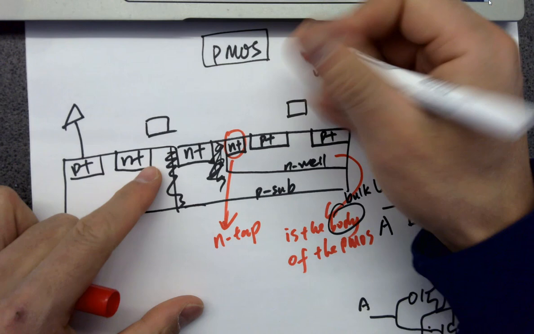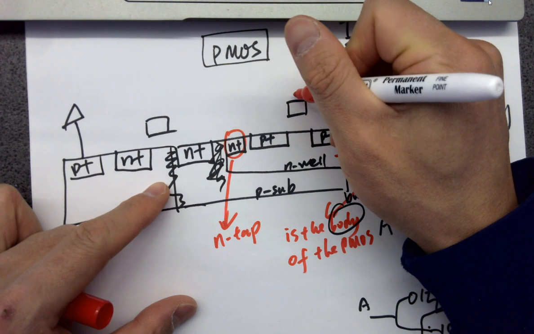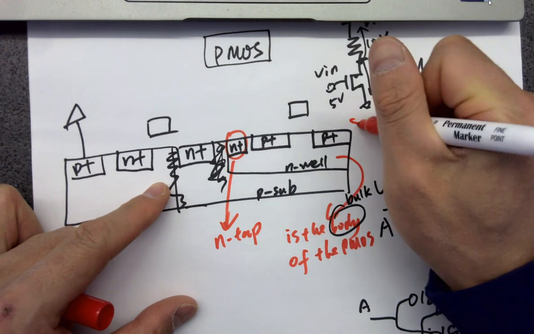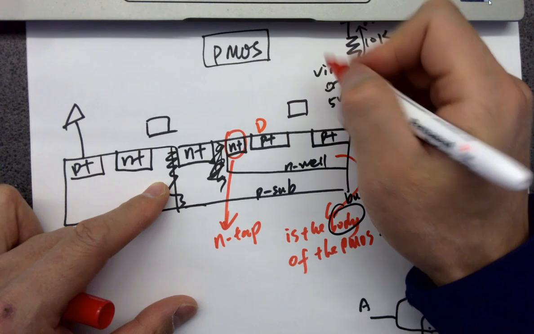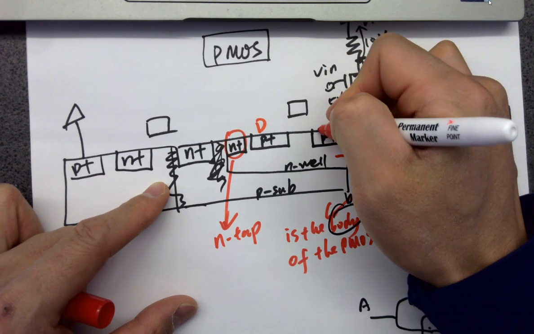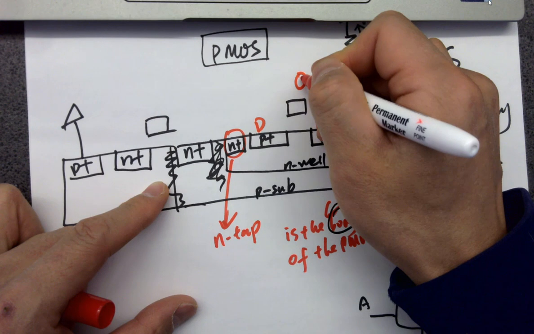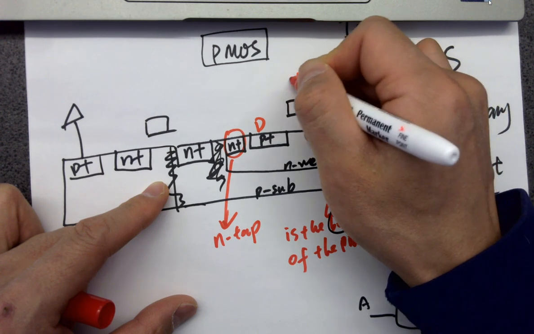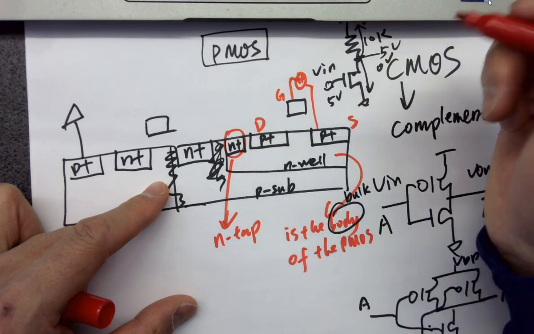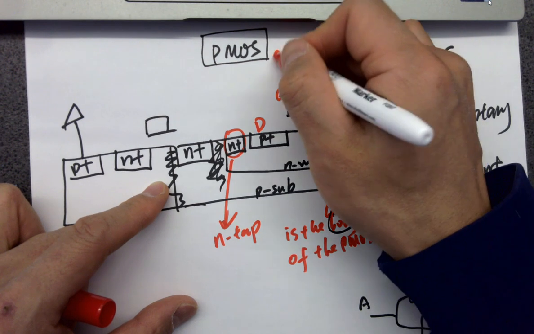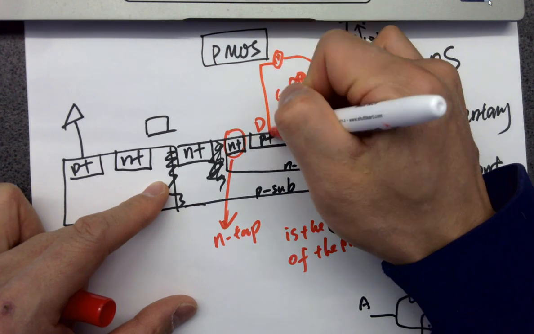For PMOS, the way we operate it, this is for example source and drain. We need a positive voltage from source to gate, and we need a positive voltage from source to drain as well.